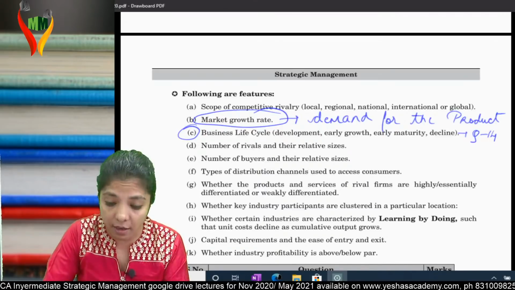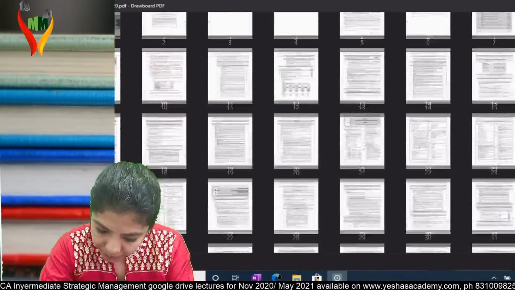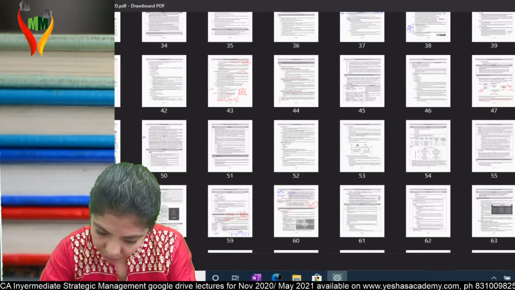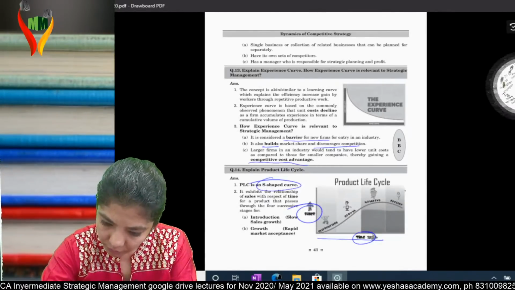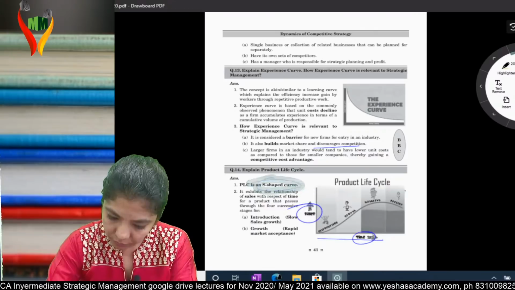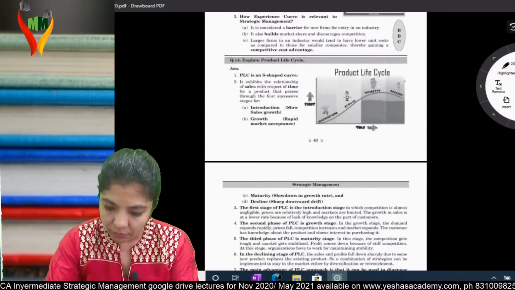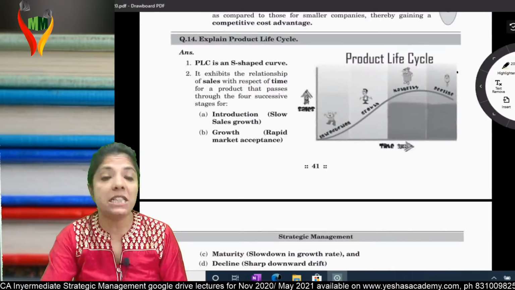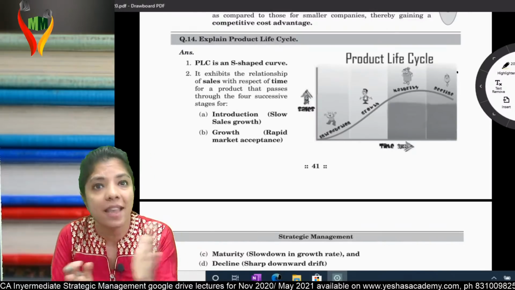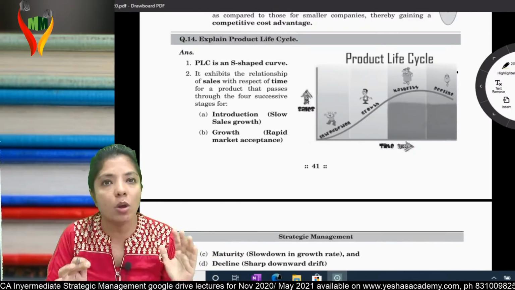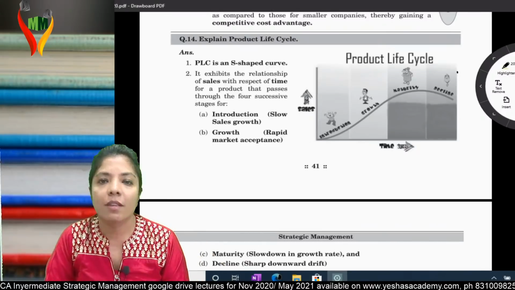So come to question number 14, page number 41. Boss, please always study by linking the topics. And not only in SM, every subject you should study in this manner only.